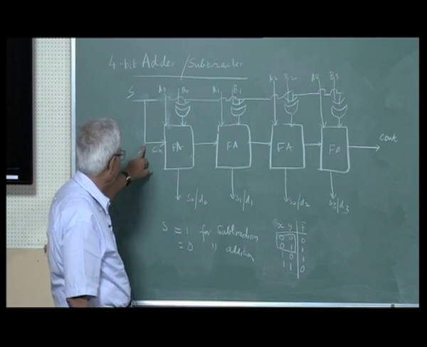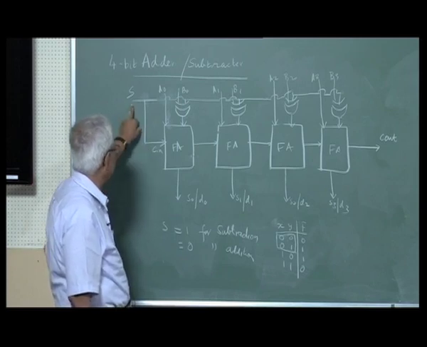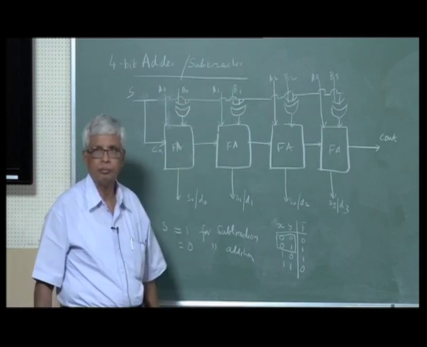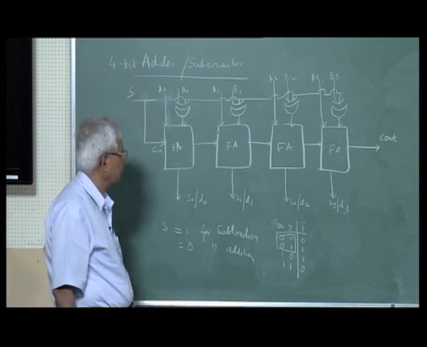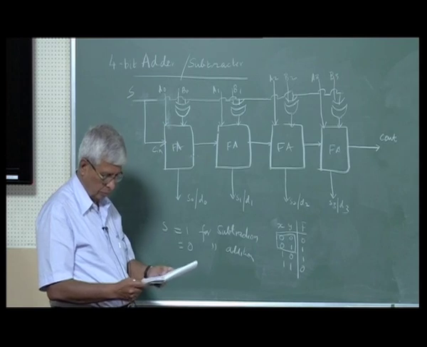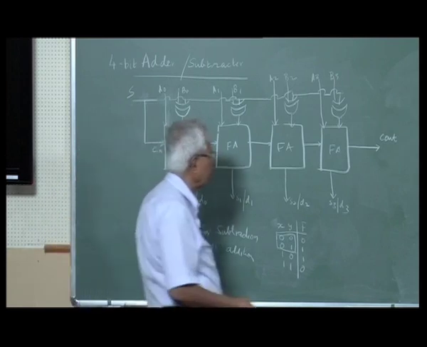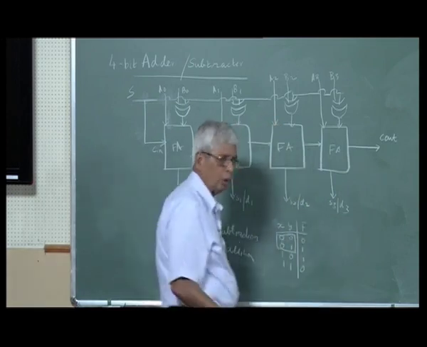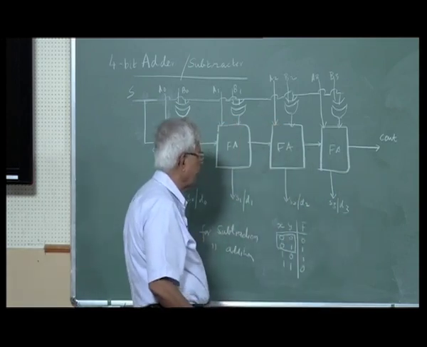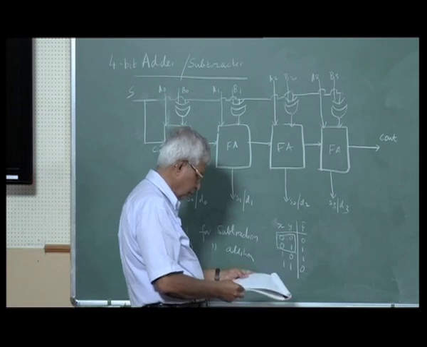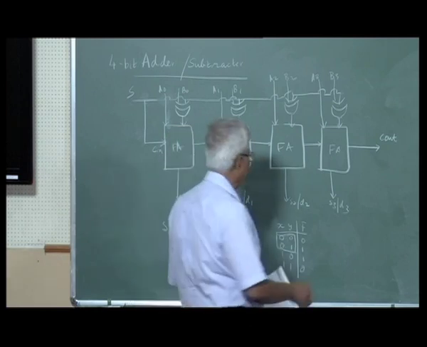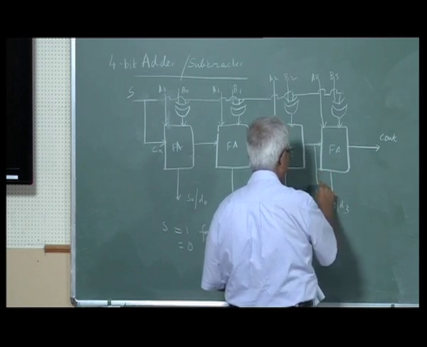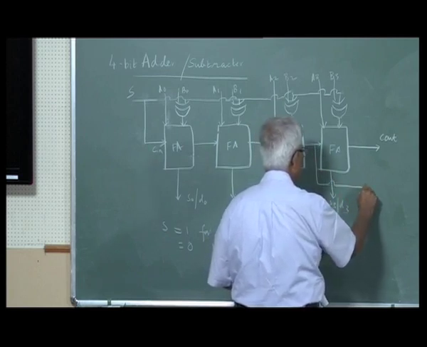And that will happen only if Cin is 1, which happens when S is 1. In this case, all these B's are going to be inverted. Now you can always take carry out or borrow out. Only thing is, if you have overflow, you will have to detect it. We know how to detect overflow. I told you last time when we talked about overflow in addition.